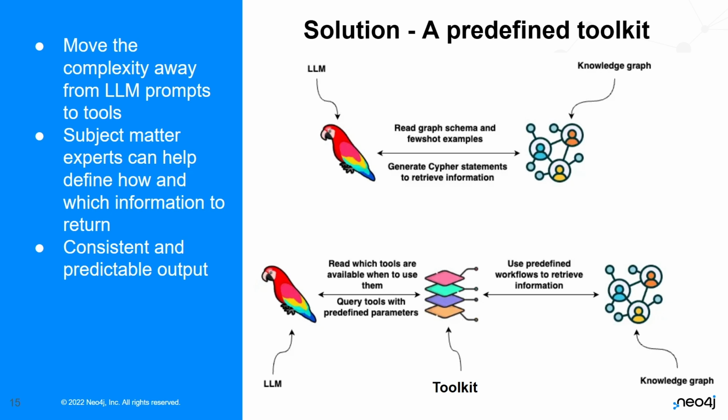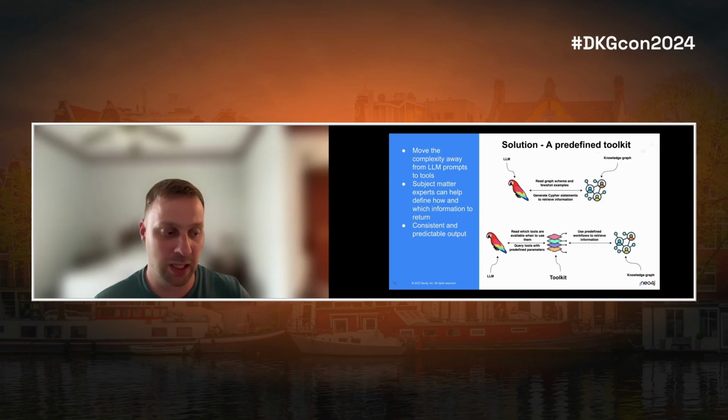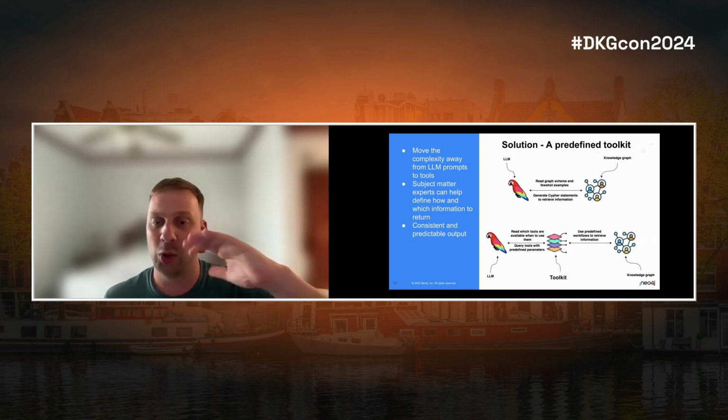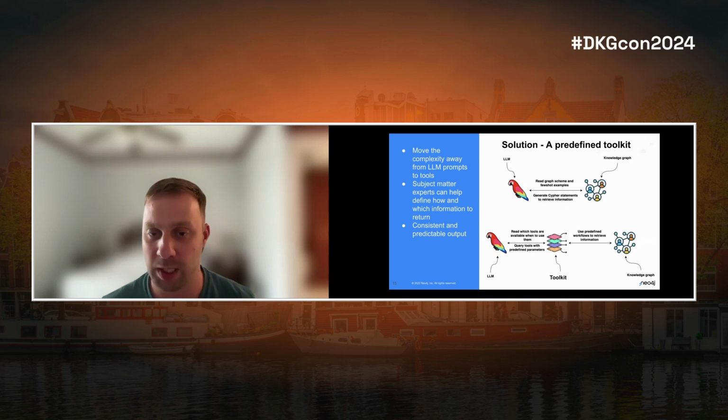And in this case, you take away the complexity of generating database queries from an LLM and you put it into a toolkit where you have a couple of predefined flows, and it can be either static database queries that use templates, or it could also be dynamic database query generation based on some input parameters.